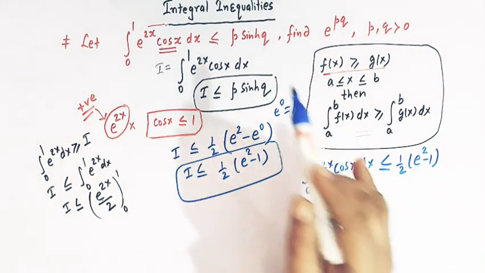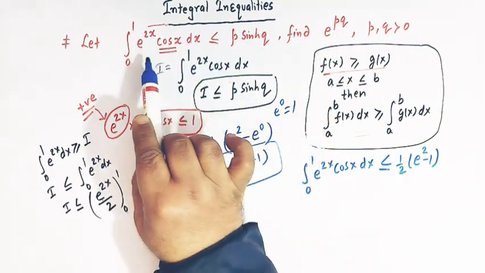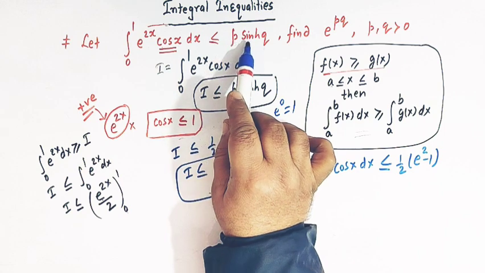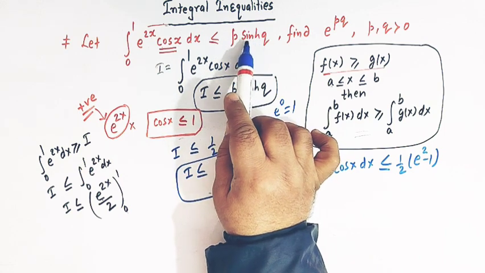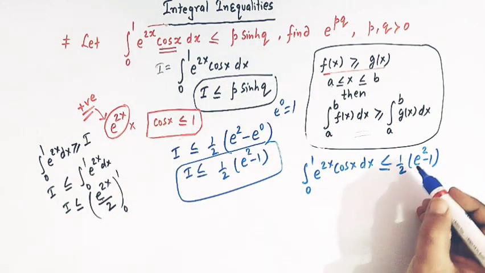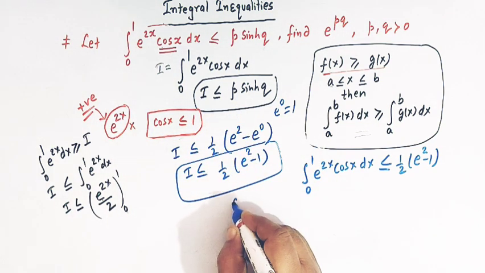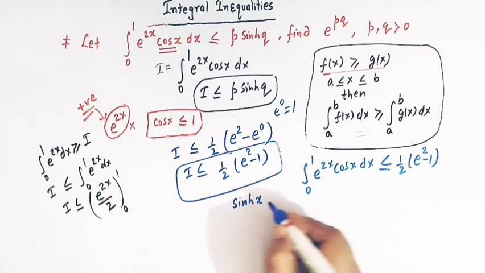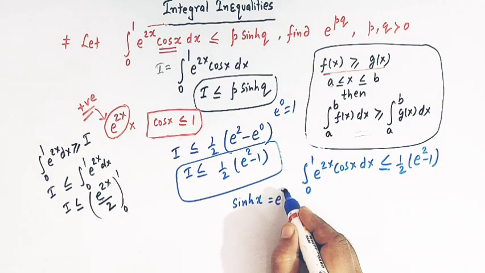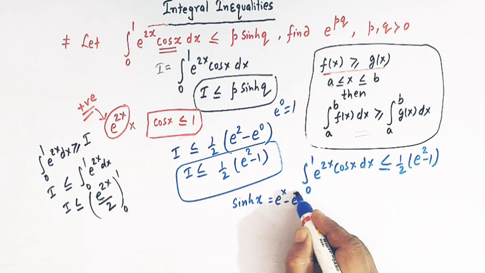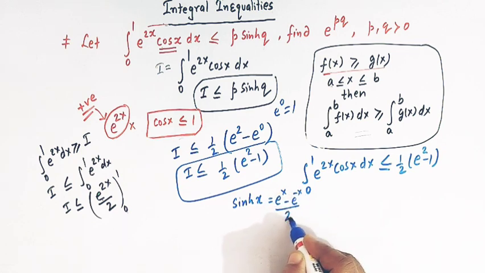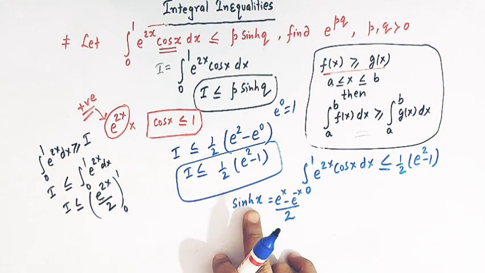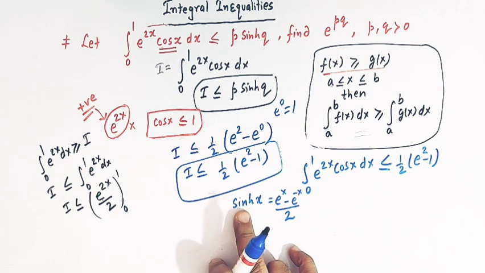But in this problem, we have to express this result in this form, that is p times the hyperbolic sine of q, right? So here we'll use the definition, that is hyperbolic sine of x is given by e raised to x minus e raised to minus x over 2, right? So this is the definition of the hyperbolic function sine h of x.